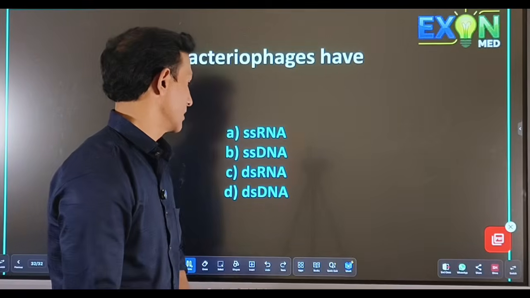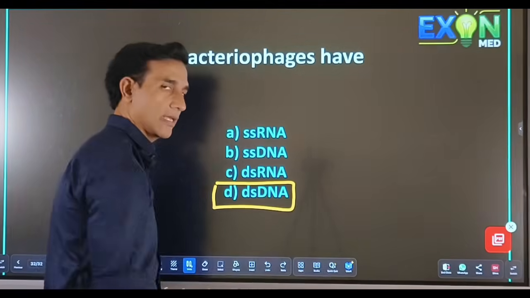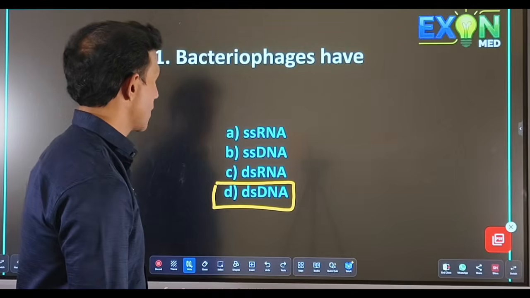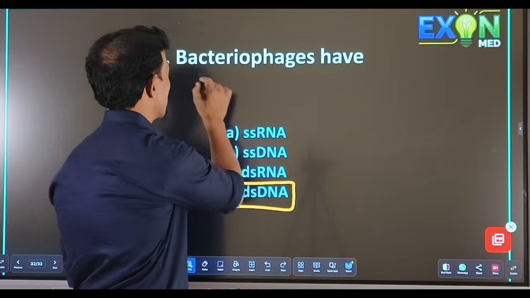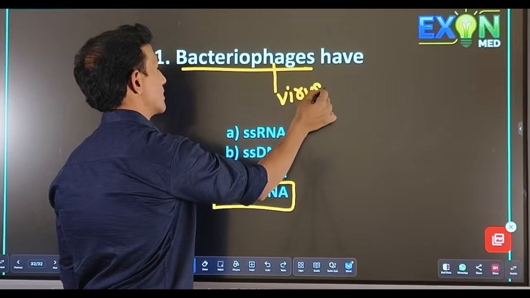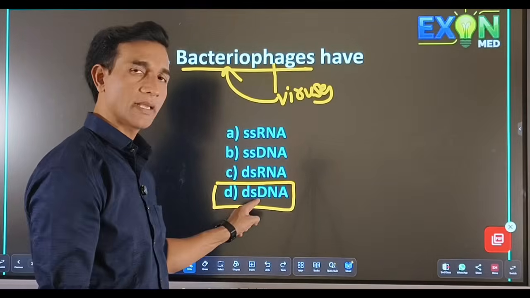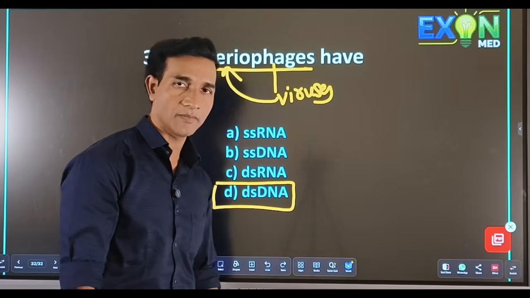Bacteriophages have double-stranded DNA. Phage is virus. Viruses infecting bacteria are called bacteriophages. They usually contain double-stranded DNA.